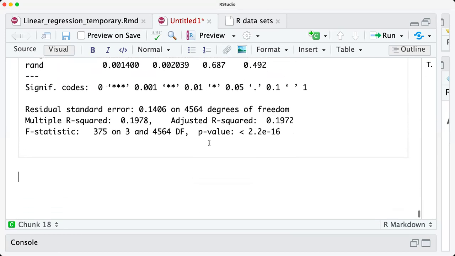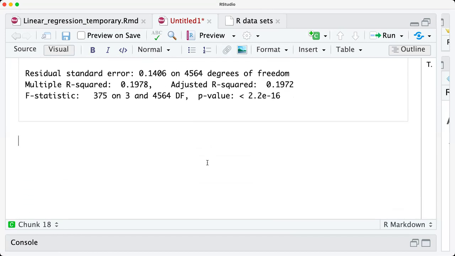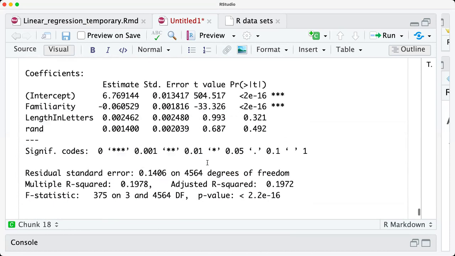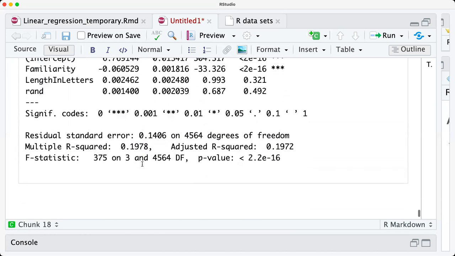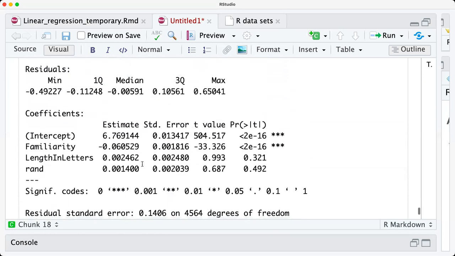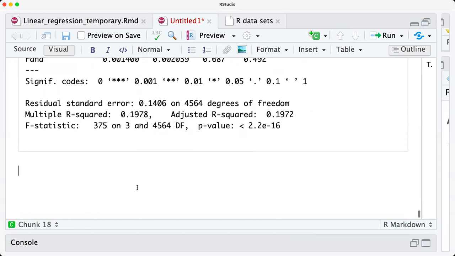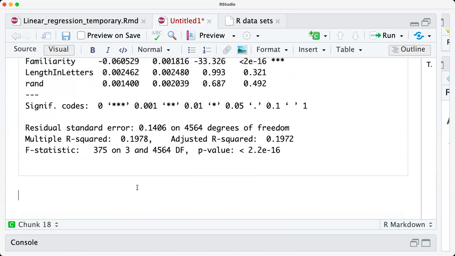So this is the adjusted R squared that I wanted to tell you, and this ends the multiple linear regression, multivariate linear regression.